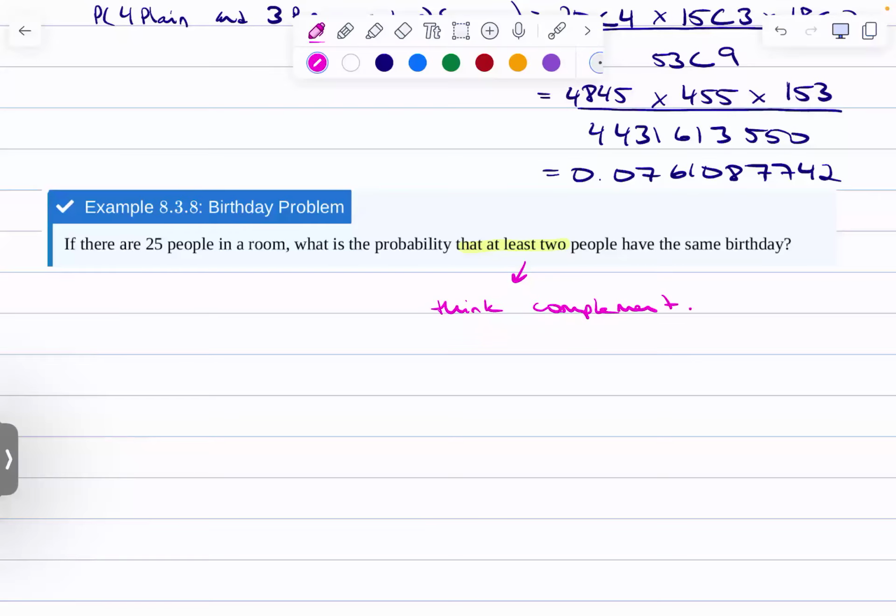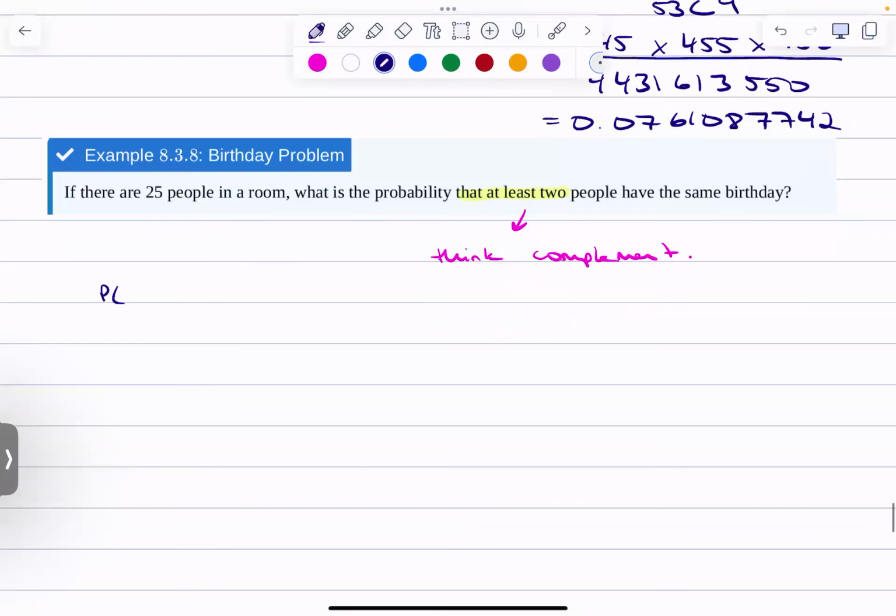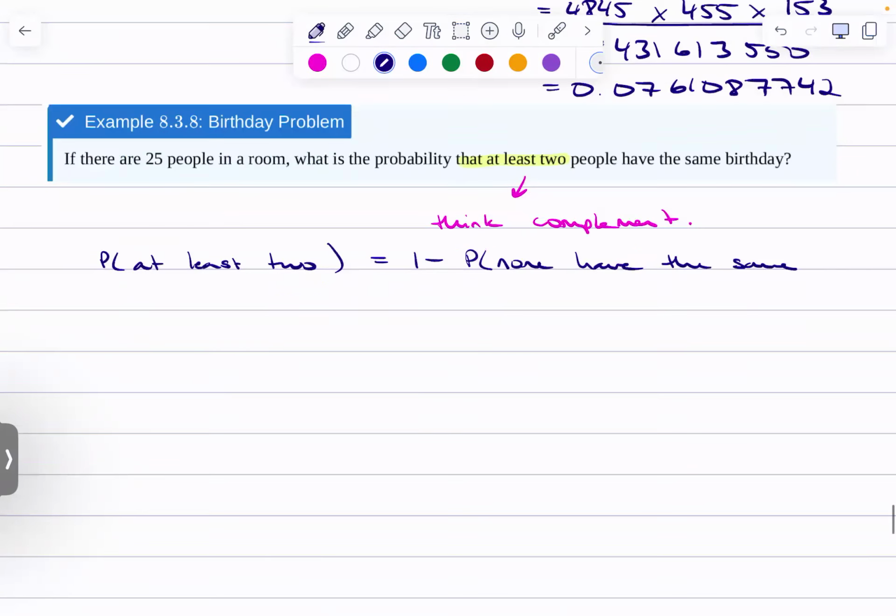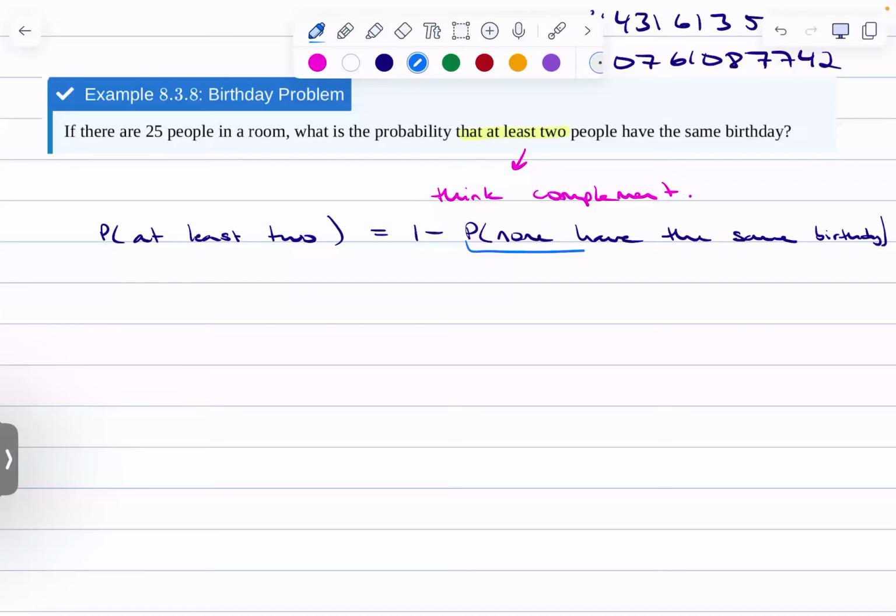What's the complement of at least two having the same birthday? The probability of at least two is 1 minus the probability that none have the same birthday.